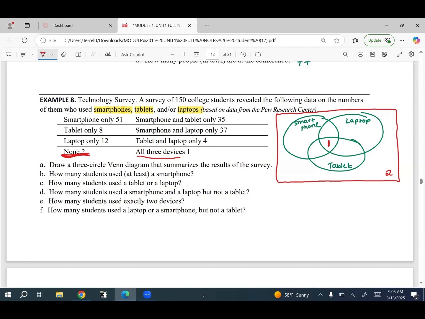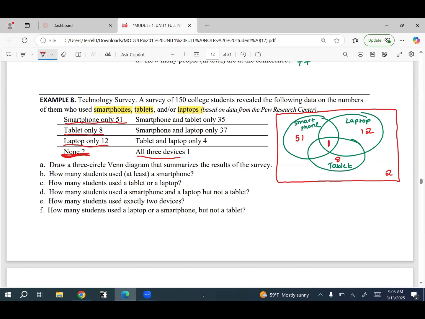Okay, and then we can just go reading straight from the table here. It says smartphone only. Well, smartphone only would be right here, 51. Does not share a laptop or tablet, so just smartphone, strictly smartphone. Okay, so we did that. Tablet only. Well, tablet only means right here. They just have a tablet. They don't have anything in common with smartphone or laptop. Laptop only, that would be 12. That goes here. Again, not being shared with the other 2 devices, only laptop.